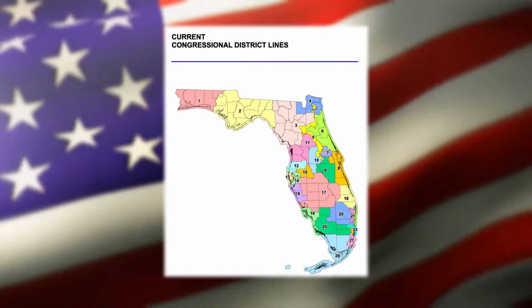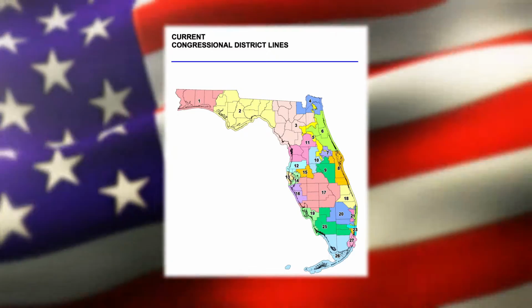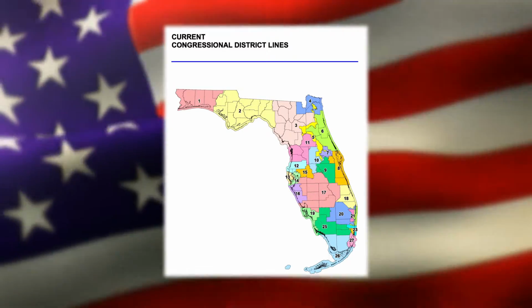All right, well, let's look at Florida. How do we divide up the congressional districts in Florida? Well, basically what Congress does is they tell each state, after the census, how many congressional seats they will have. And for any state that gets more than 1, they then have to apportion themselves, they have to split themselves up. And so in Florida's case, we were given 27 seats.